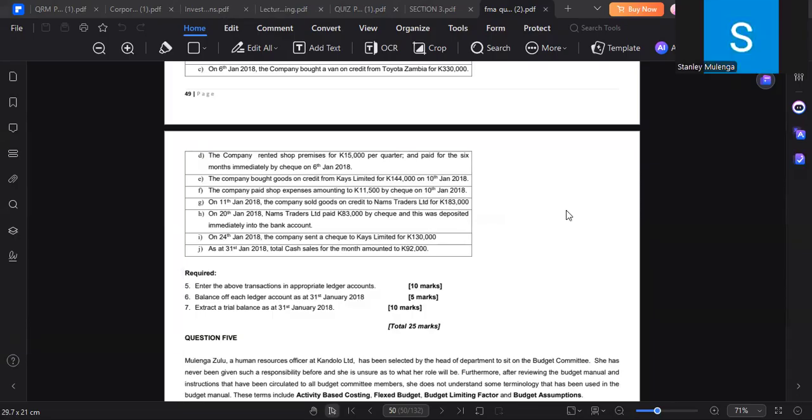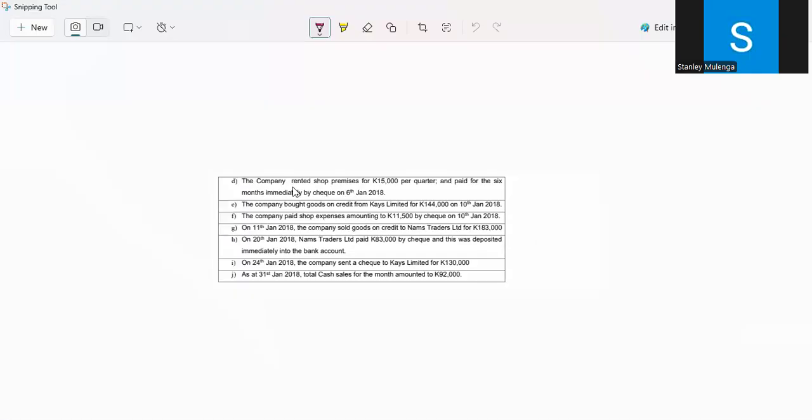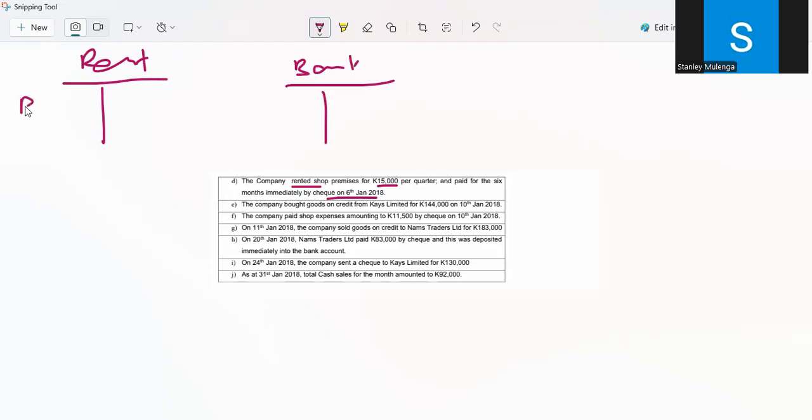Yes. So expenses have a debit balance. So what are the two elements that we're having there? We have what? Rented shop premises at this amount and paid 6 months immediately by check on 6th January. Okay. So we have two transactions. We have rent and what? And bank. Okay, so we're going to debit. So here's a bank.